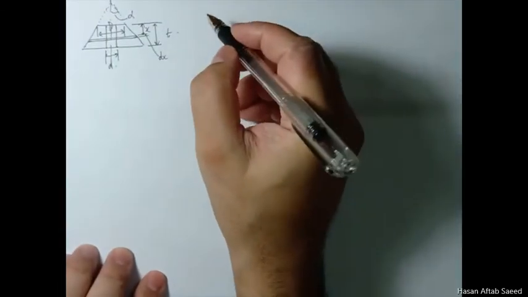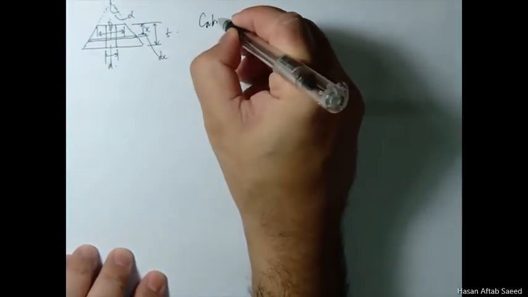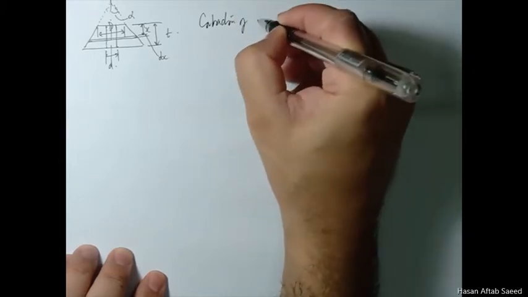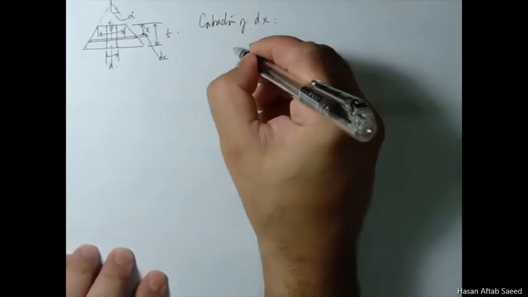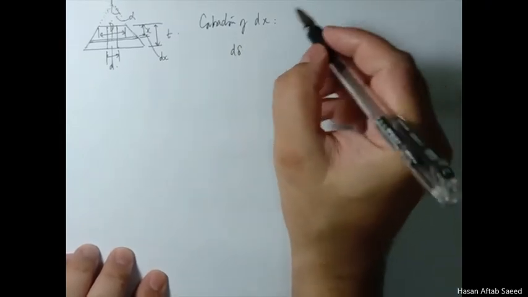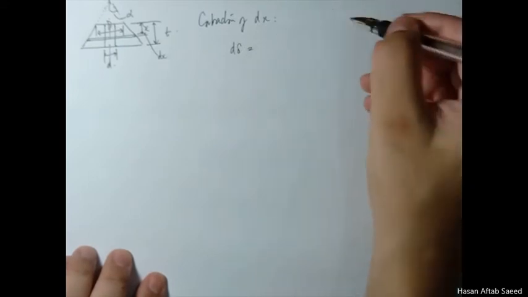Now this will be under compression, so it will be contracted. Contraction of dx will be a differential contraction, and we are going to use the same formula.